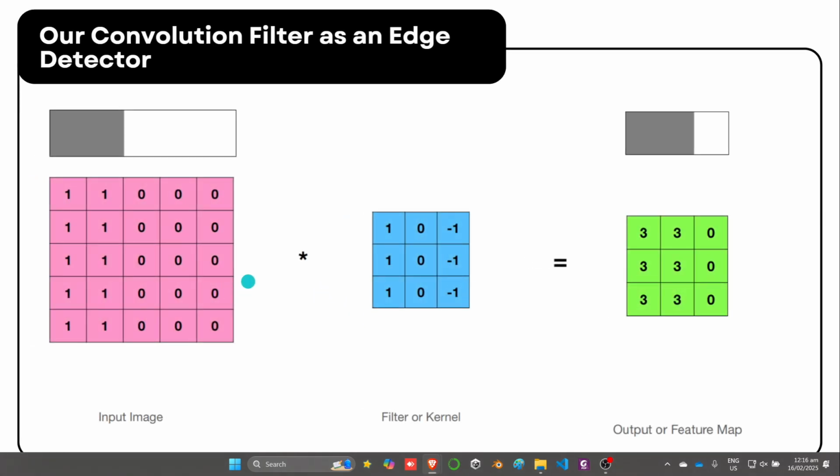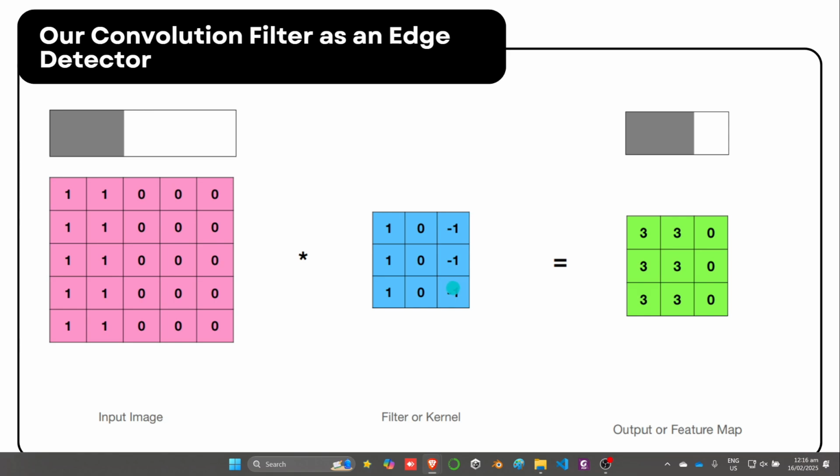Take a look at this convolution filter right here. This one is our input image, and this one is our convolutional filter: 1 1 1, 0 0 0, -1 -1 -1.